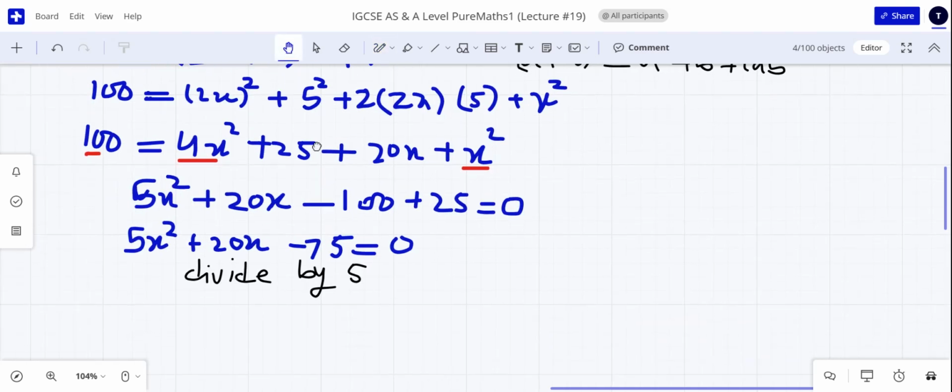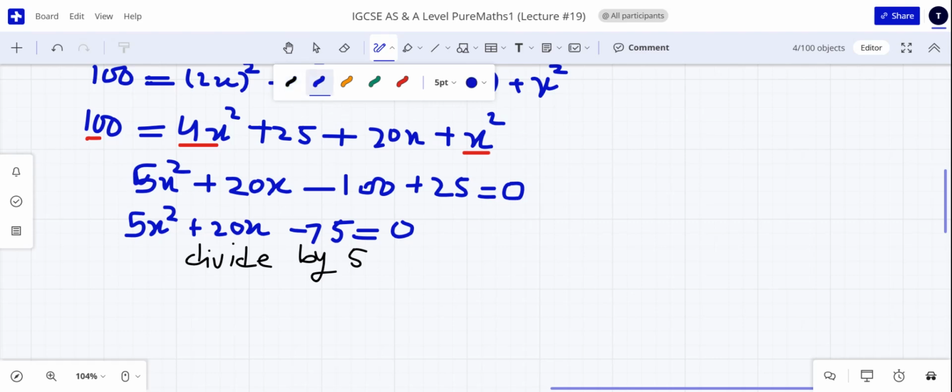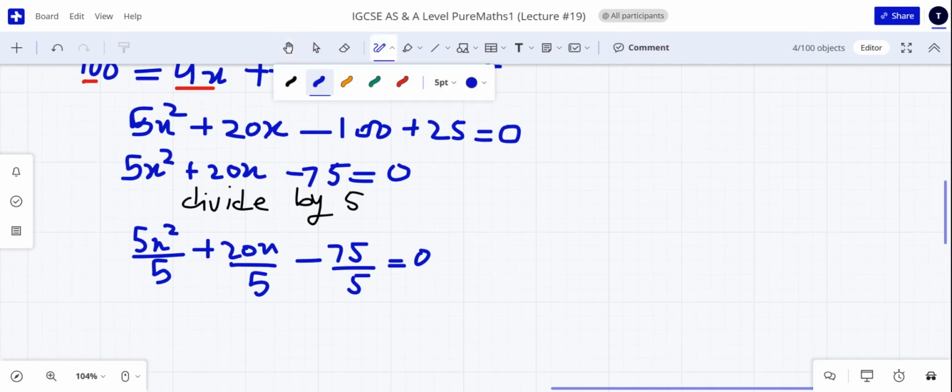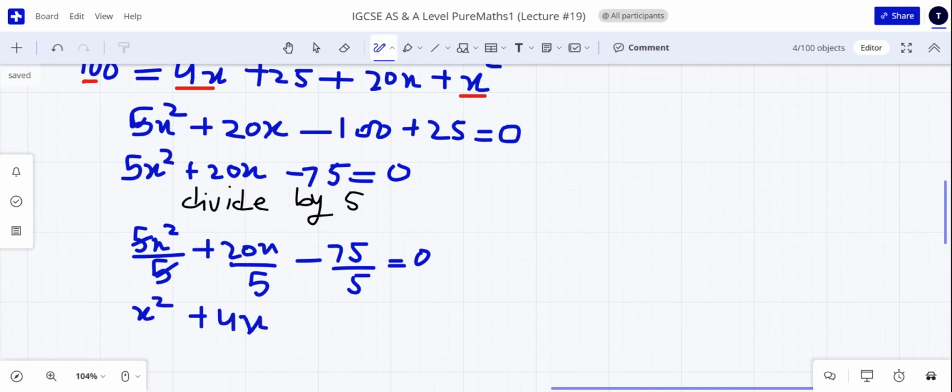By dividing by 5, we get 5x squared over 5, plus 20x over 5, minus 75 over 5 equals 0. And we get the final equation: 5 and 5 cancel out, so only x squared is left, plus 20 over 5, which is 4x, minus 15 equals 0. So we got a quadratic equation.